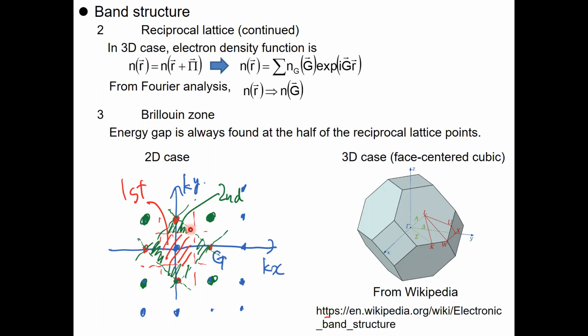The first and second Brillouin zones correspond to the energy states where the electron can stay.